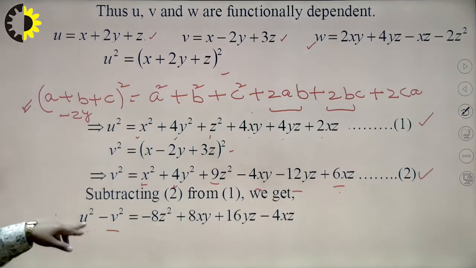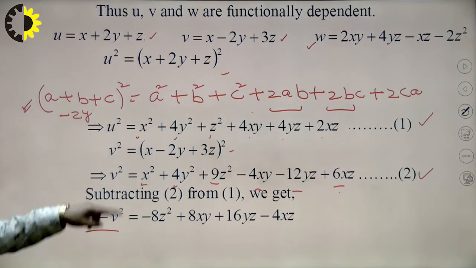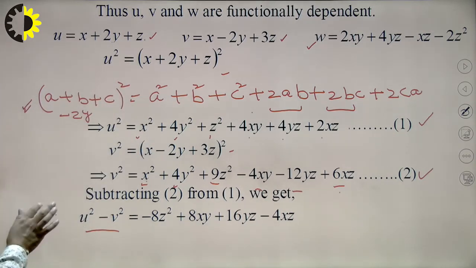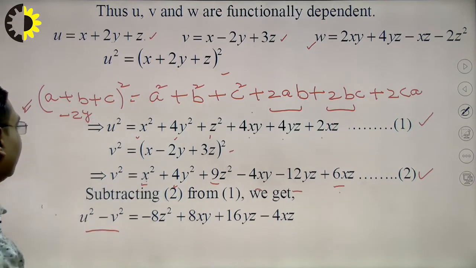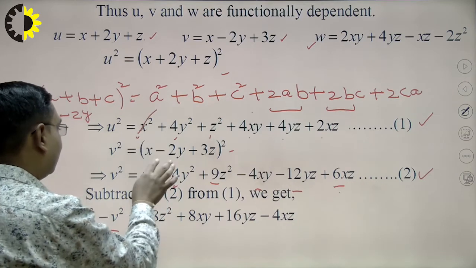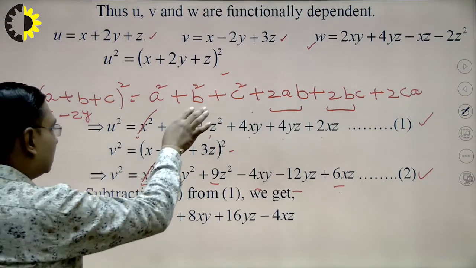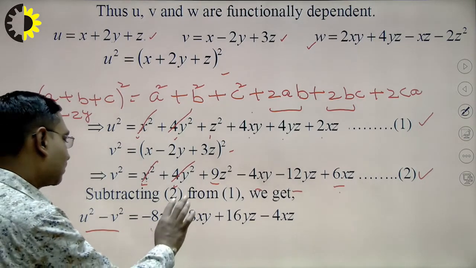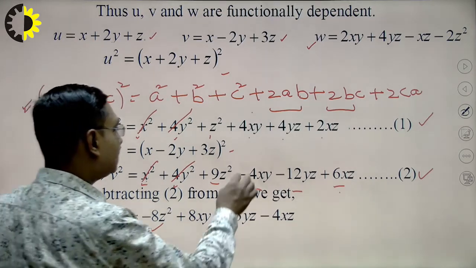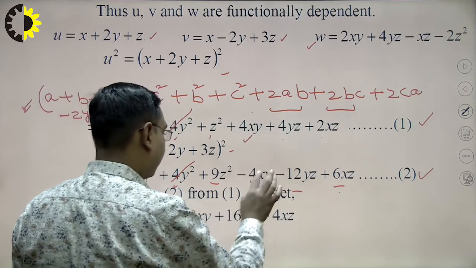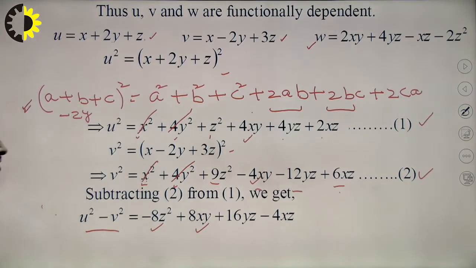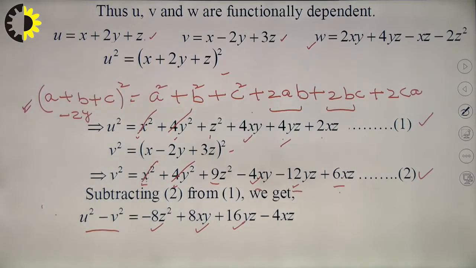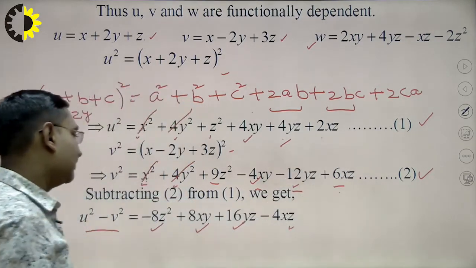It will be u square minus v square here, and u square minus v square calculated from these values of u and v will give this: x square will cancel out, 4y square will cancel out, z square minus 9z square will give minus 8z square, 4xy and 4xy will give 8xy after subtraction, 4yz and 12yz will give 16yz, and 2xz minus 6xz gives minus 4xz.